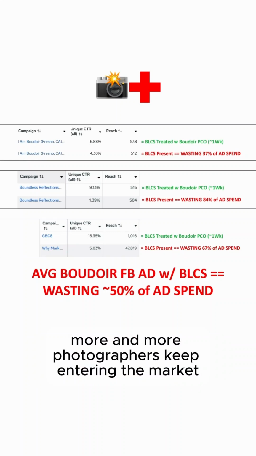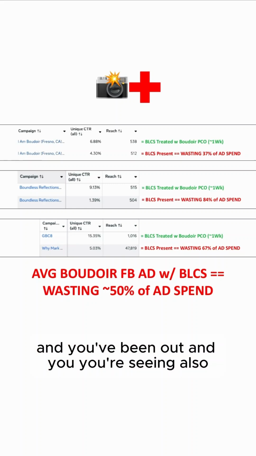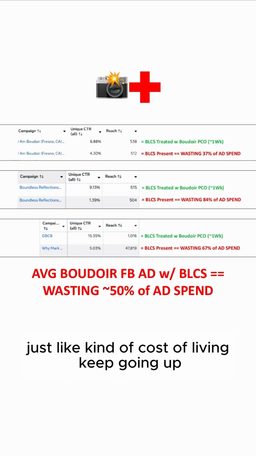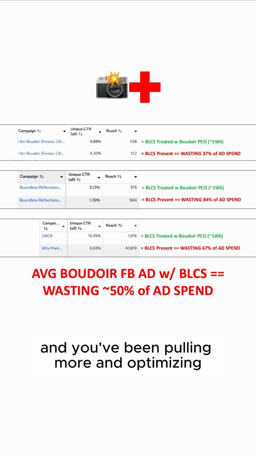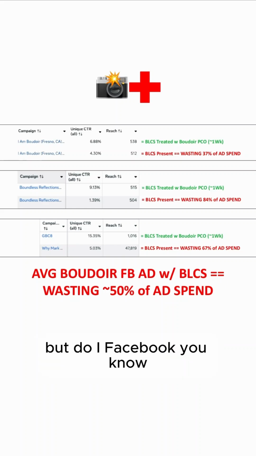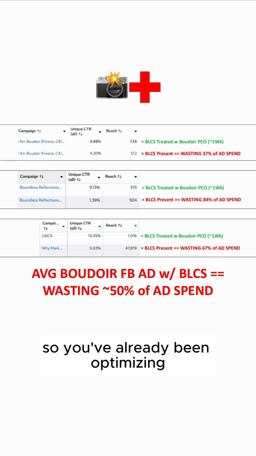So more and more photographers keep entering the market, a saturated market. And you're also seeing inflation, the cost of living, keep going up, going up, going up. And you've been optimizing, pulling more profit out of your business in other areas already.